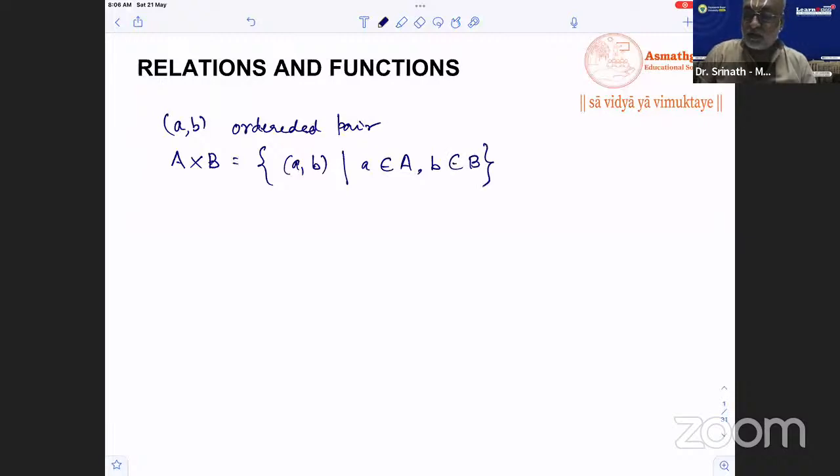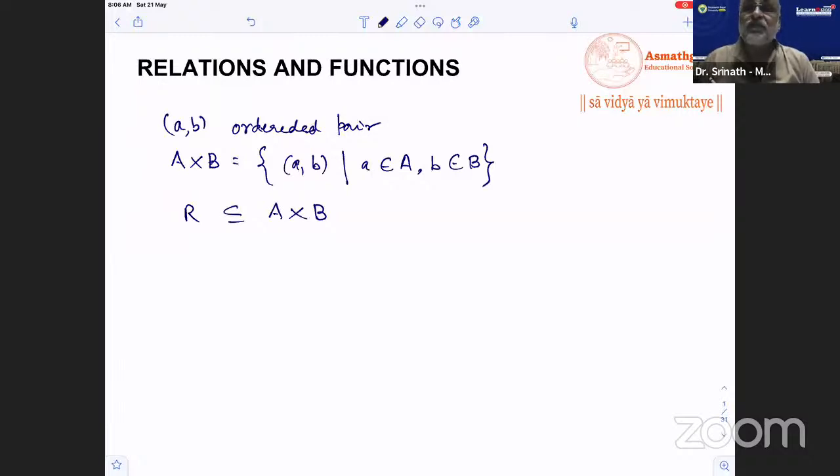A small quick revision I would like to do before taking up the problems. Now, what is a relation? A relation R is a subset of A cross B. And when I say subset, the empty set is a subset of every set.